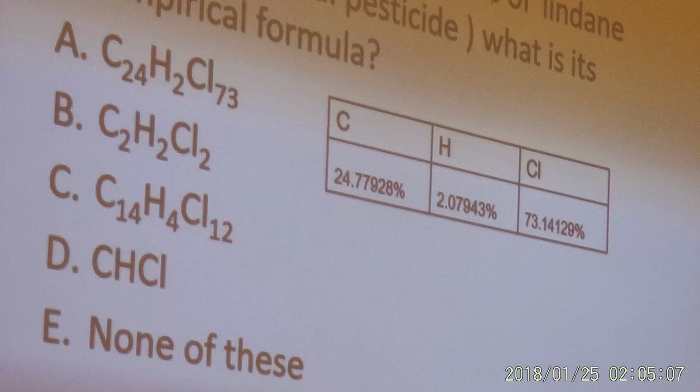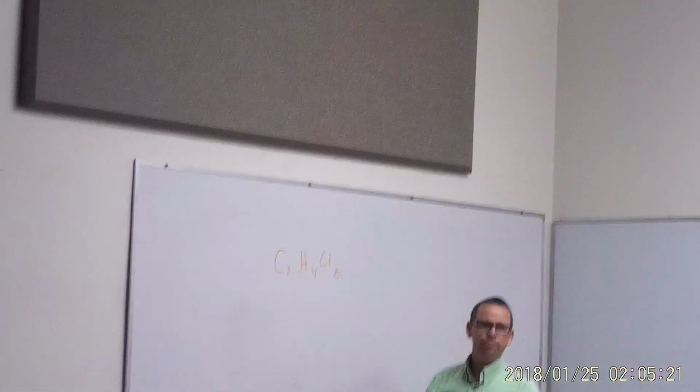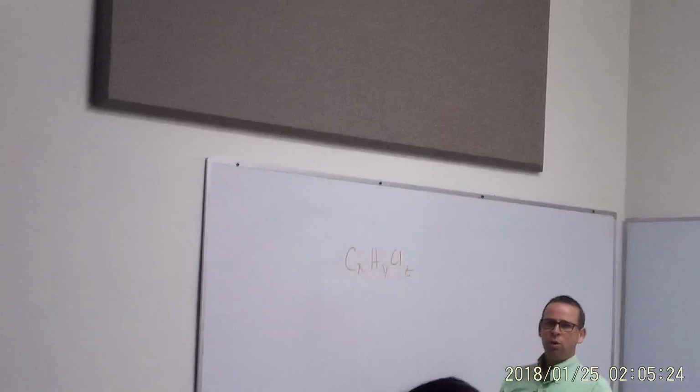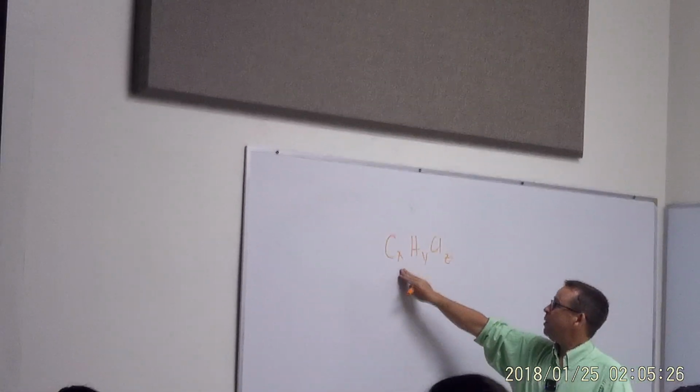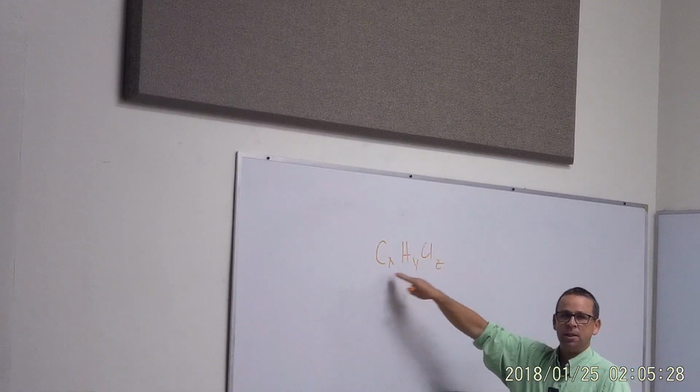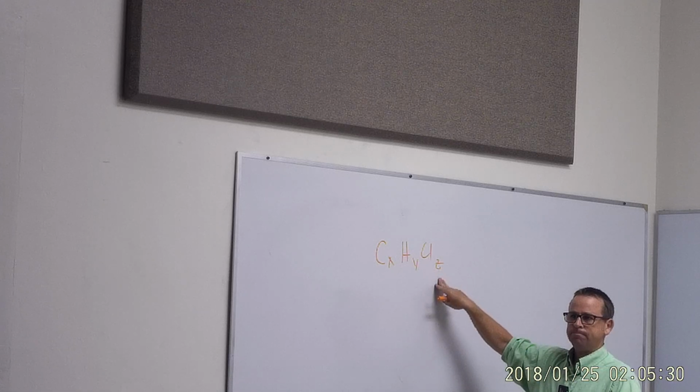All right, here's the question. What is our empirical formula? CxHyClz, for example, right? That's what we're looking for. This means that we need to know the moles of each of these elements in this compound, right?